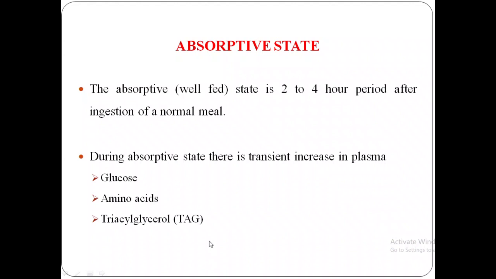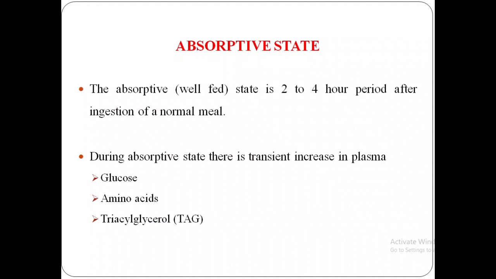The absorptive state or the fed state occurs after a meal when the body is digesting the food and absorbing the nutrients. This is a state when one has plenty of food in the intestine and the body is digesting and absorbing it.